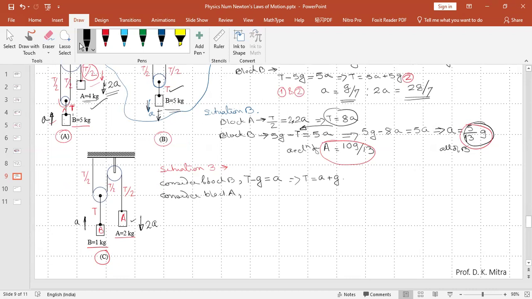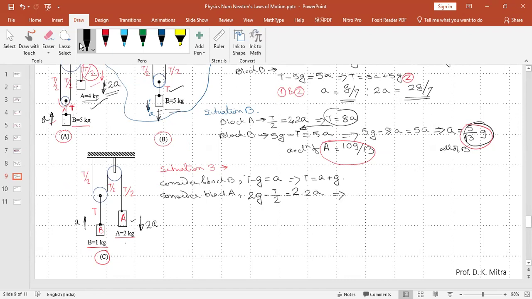So the force equation is: downward force 4g minus upward tension T by 2 is equal to the mass 2 times the acceleration 2A.